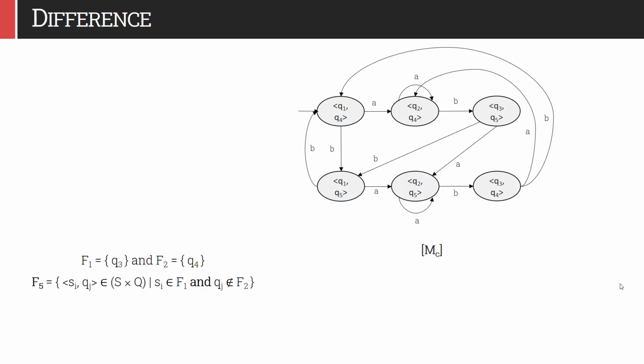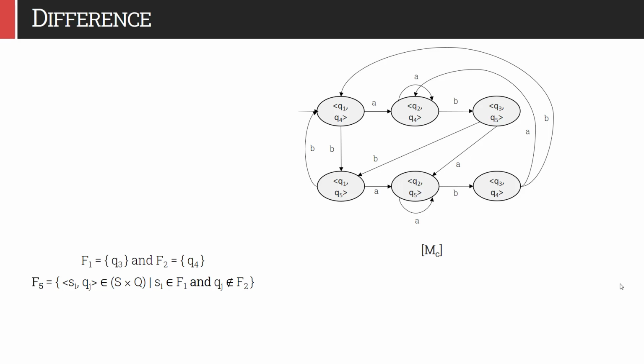Let us find the DFA equivalent to difference. For that we have to mark only those states in MC as final states in which Si is a final state in M1, but Qj should not be a final state. Fine. So if we talk about all the states, then Q3, Q5 and Q3, Q4. In these two, Si, that is the first state, is a final state, but the second state should not be a final state, right?